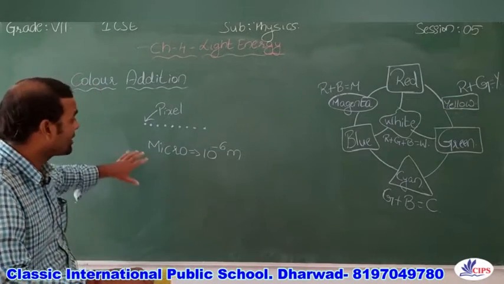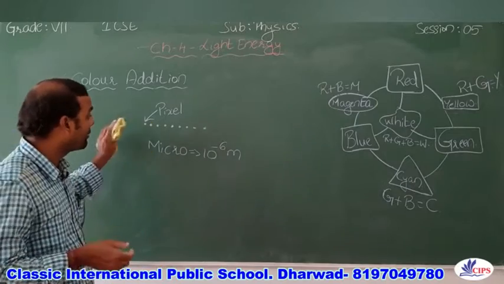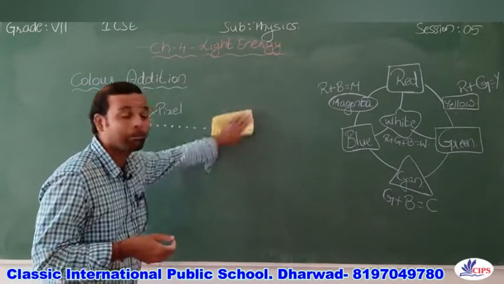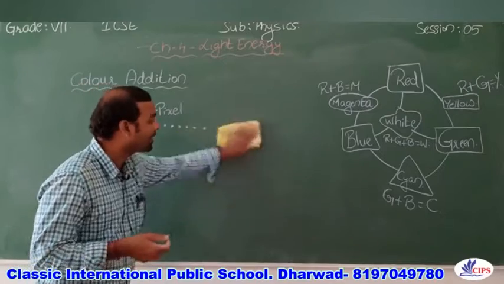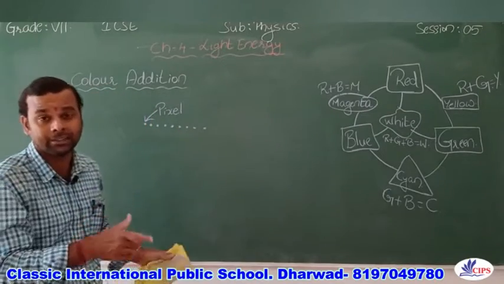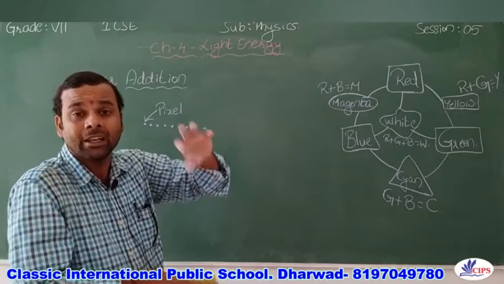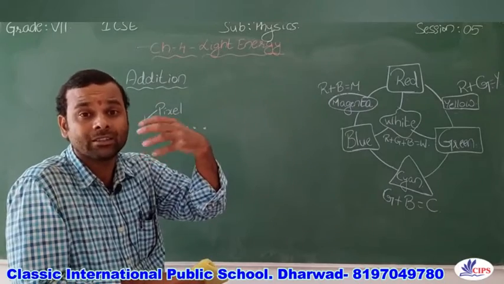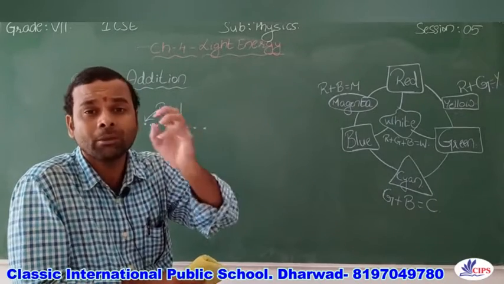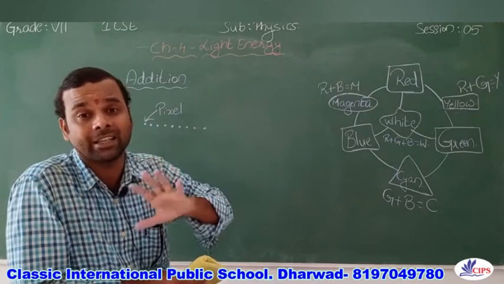Clear, right? So this is what we observe, the pixels, and each pixel emits a particular light when light falls on it, to give you the particular color on the screen.